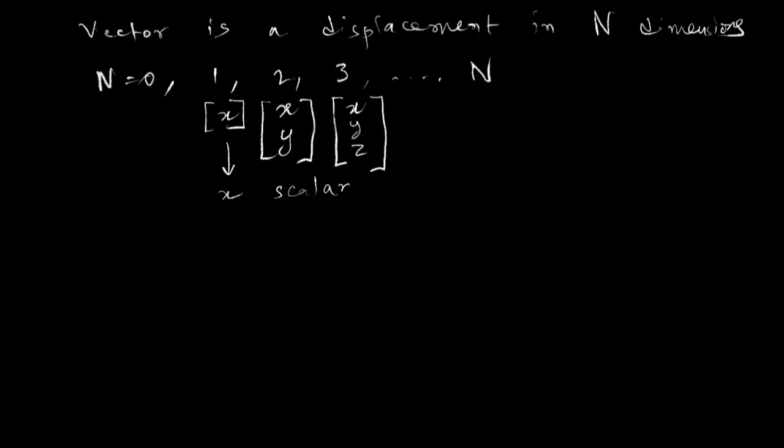A little bit of history here is that William Hamilton, who was Irish, in his paper on quaternions, reintroduced this word scalar. Before him it was Vieta, a French mathematician, but Hamilton officially put this word scalar to mean what we understand today.